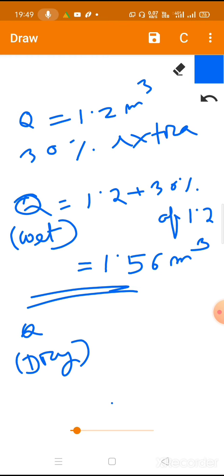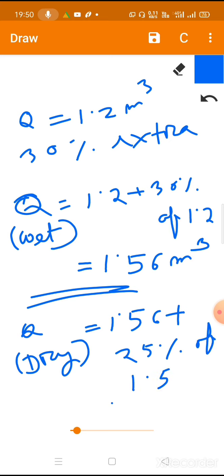Okay, so 1.56 plus 25% of 1.56, this will be equal to, let us see, now this becomes 1.95 meter cube. Now this is the total quantity of dry volume of mortar.